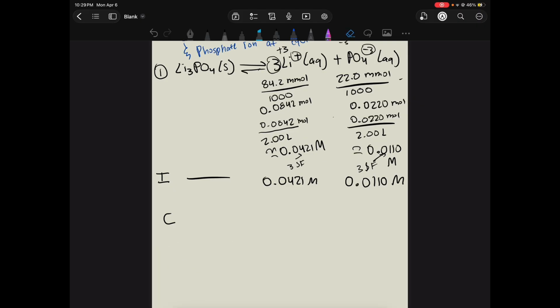So following this idea, it would just be 0.0421 times 0.0110, and there are no reactants here. And then it'd be to the power of 3, because the coefficient here is 3, and phosphate doesn't have any coefficient.